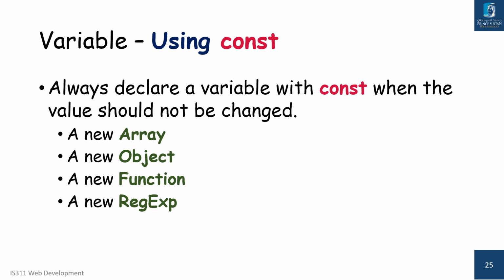Anyway, so pass by reference is something I will try to explain here. When you are declaring an array, for example, int array, and then we give some values here: 1, 2, 3, 4, 5.